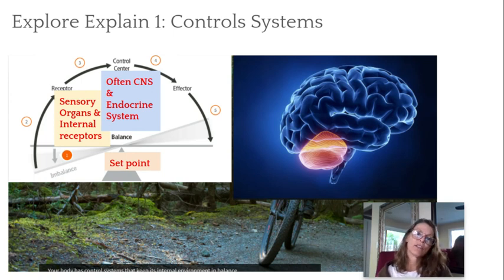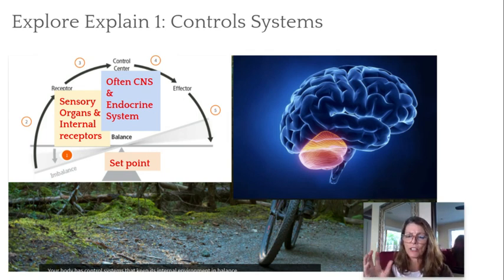So in this situation, your control center isn't something conscious, really. Once you've learned how to ride your bike, you don't think, oh, I need to lean a little more to the right or a little more to the left. But this part of your brain called the cerebellum, which is in your subconscious area of your brain, determines that you need to do something because you're not in balance and you're going to tip over.